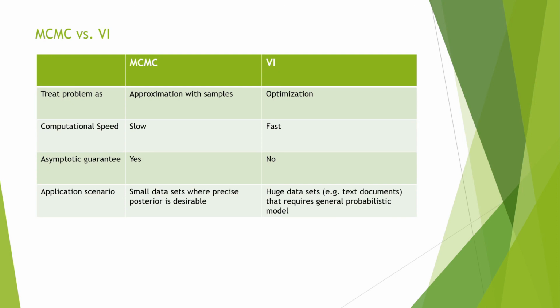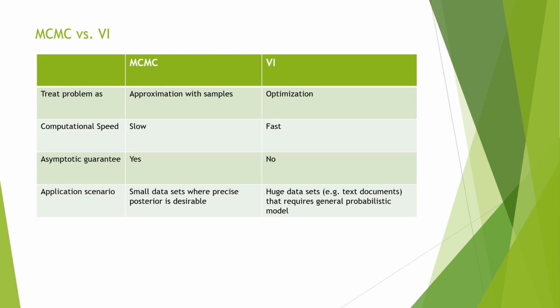So after all these formulas and calculations, it's time for some qualitative assessments. Here's a comparison chart between variational inference and the popular MCMC method. In MCMC, we treat the problem as approximation with samples, but the core idea in variational inference is to treat approximation as optimization.